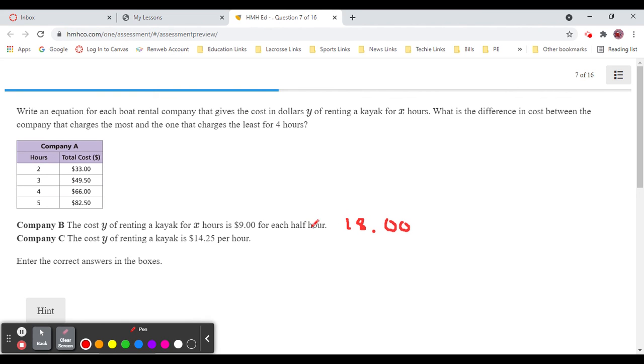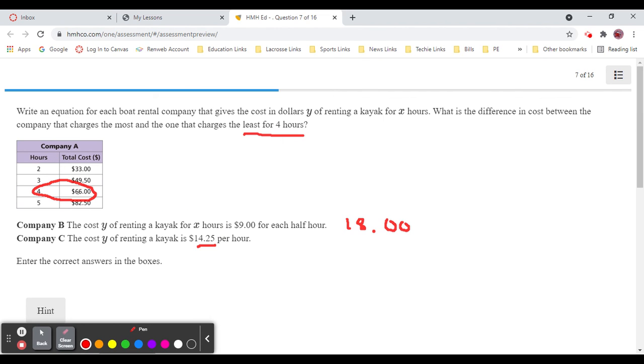And this one's pretty easy because that's just $14.25 for 1 hour. And I want the one that charges the least for 4 hours. And 4 hours is right here, right? So company A comes out and tells you, well, this is $18 in 1 hour, and this is $14.25 in 1 hour. And company A is going to charge you $66.